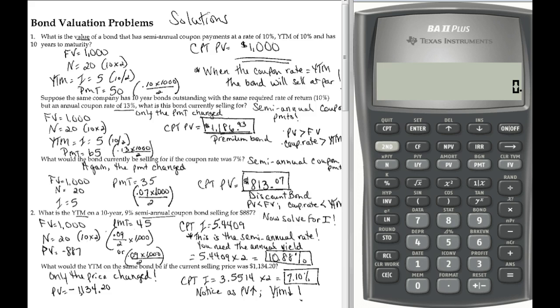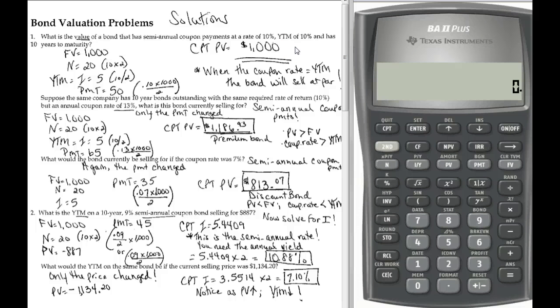We use the exact same time value of money variables that we did in the screencast, and even if coupon payments are made semi-annually, I'm not even going to plug this into the calculator because it's going to be the same. It's still going to equal par. If the coupon rate is the same as the yield to maturity, the bond's going to sell at par.